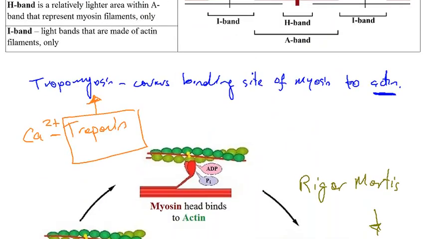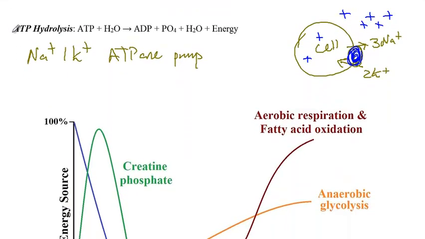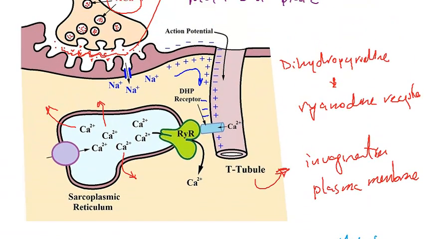Okay, so that's another function of ATP. And then ATP is of course used to pump calcium into the sarcoplasmic reticulum. Okay, so here, as I've shown you, we have all this calcium that is being stored in the sarcoplasmic reticulum. It's pumped inside the cell with the help of ATP.